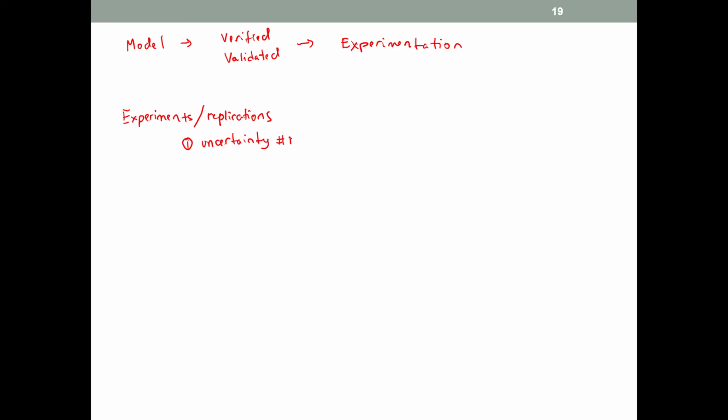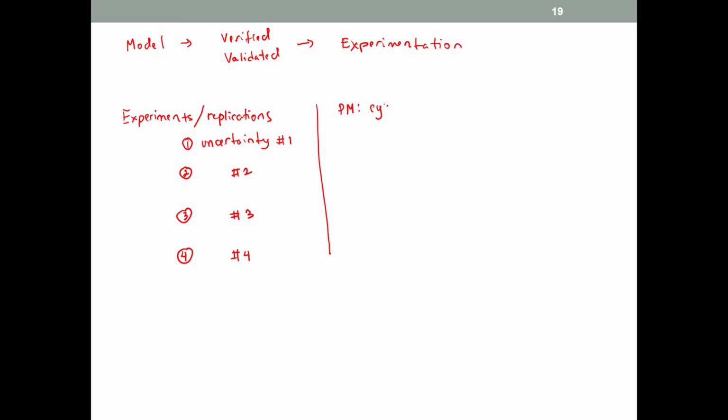So let's say uncertainty 1, and this is typically based on the seed that you're using to run your probability models. So this is experiment 1, experiment 2, experiment 3, 4. And every time you run this, there's going to be some performance measures.